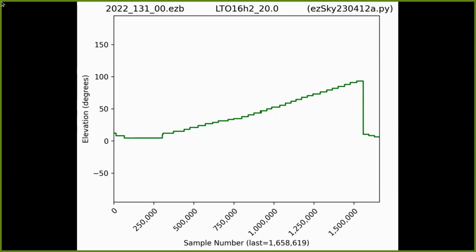In this example, LTO 16, the Little Thompson Observatory 16-foot big dish, pointed for a period at a certain angle from the horizon. Then it actually went down for a little bit, to see how far down we could go. And then every week I would go out there and change the elevation by about 3 degrees.